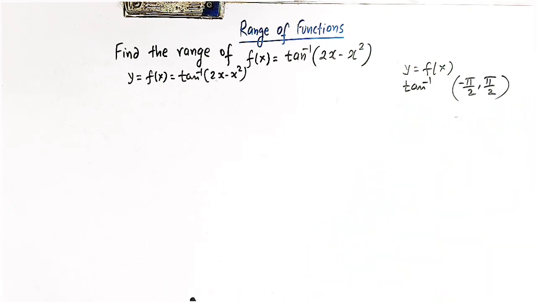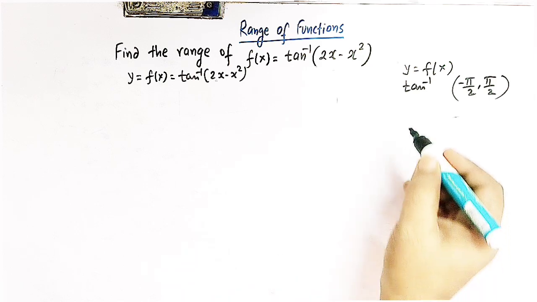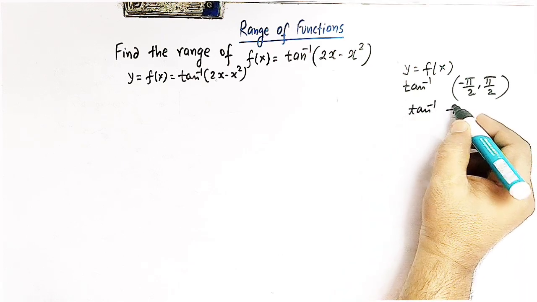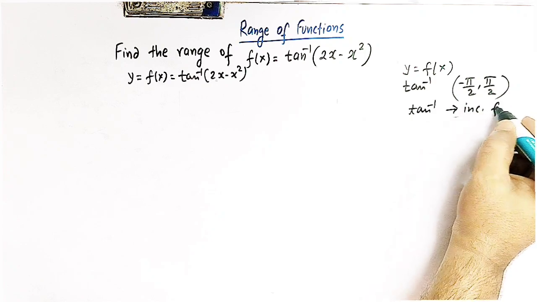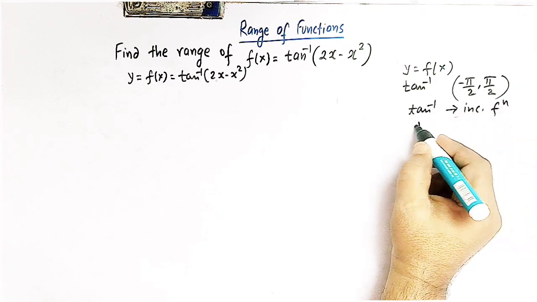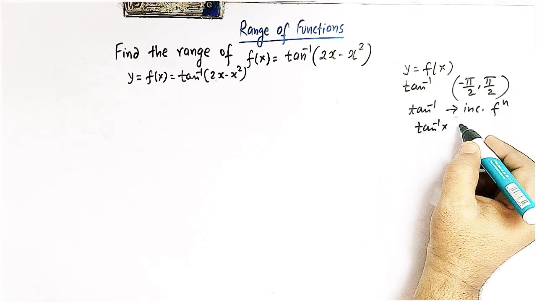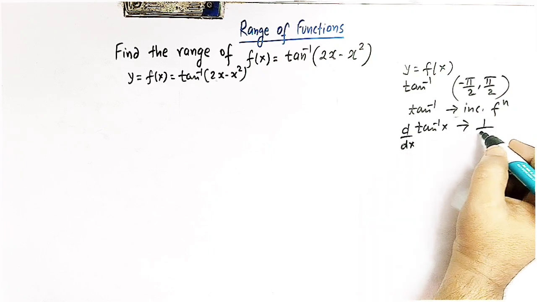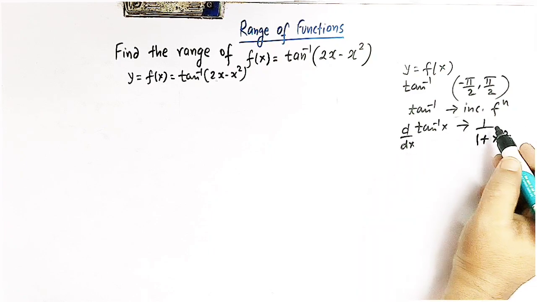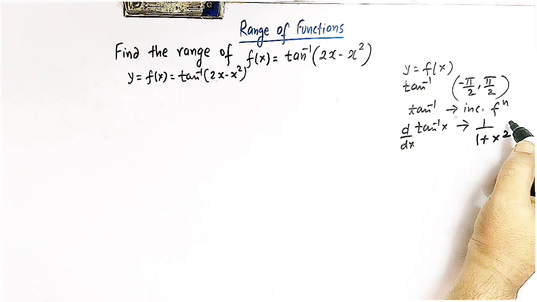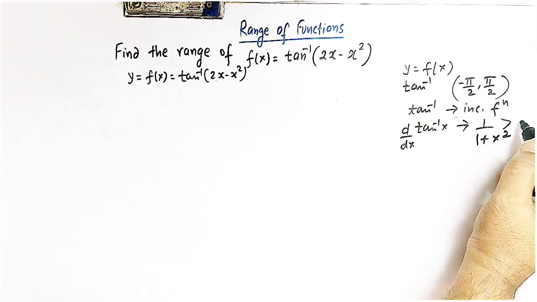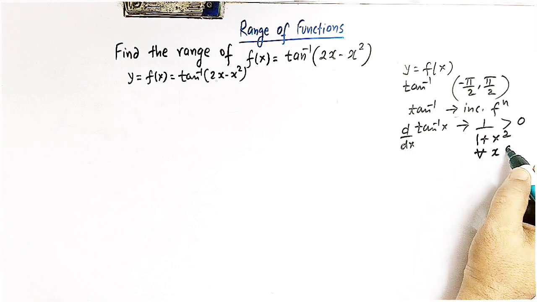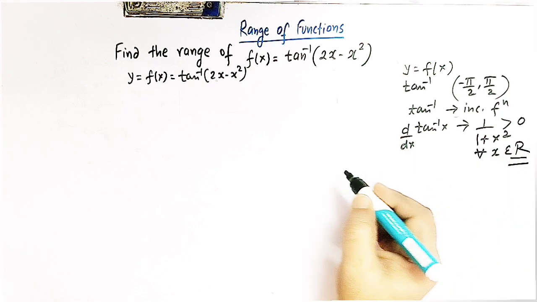Now the third thing is that the function tan inverse is an increasing function, because if we differentiate tan inverse x, then the derivative of tan inverse x is 1 over 1 plus x square, and 1 over 1 plus x square is greater than 0 for all values of x belonging to the set of real numbers, right?